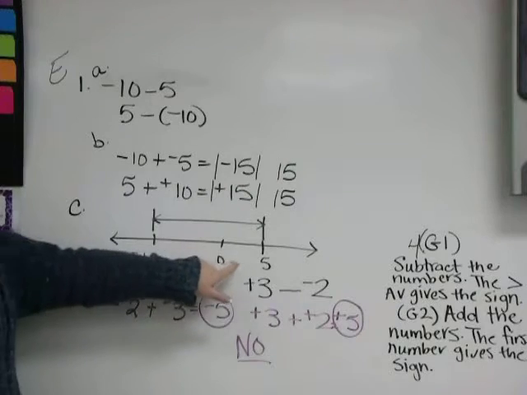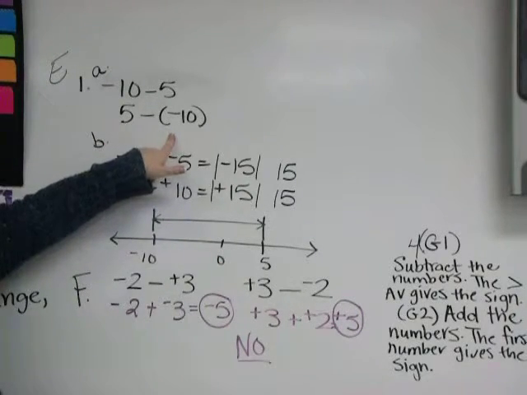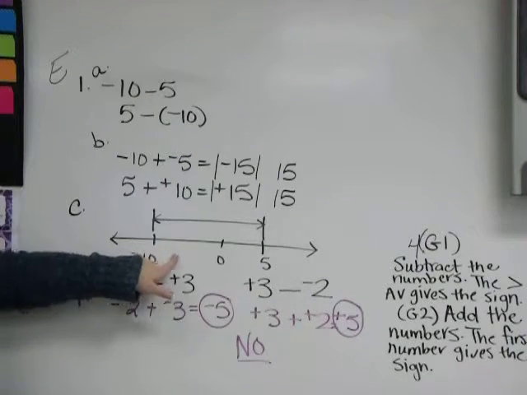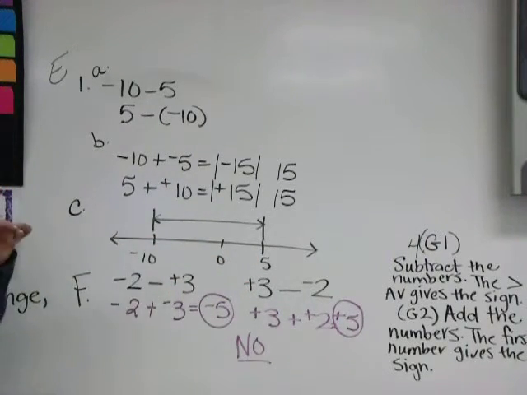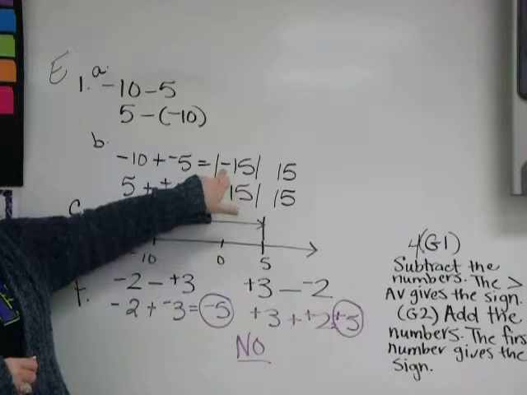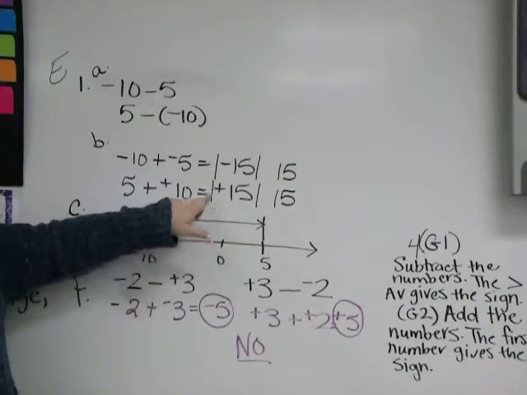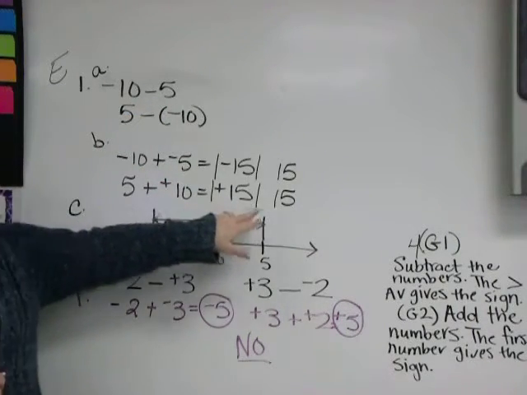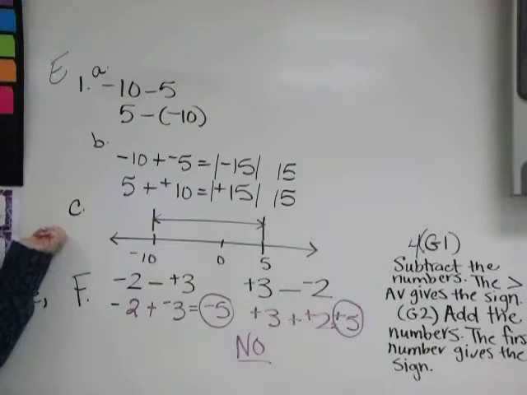At my starting point, 5 minus a negative 10, which will still give me that 10 plus that 5 points on that number line. So either way, it's the absolute value of either a negative 15 or a positive 15, which is a 15-point move on this number line either way you look at it.